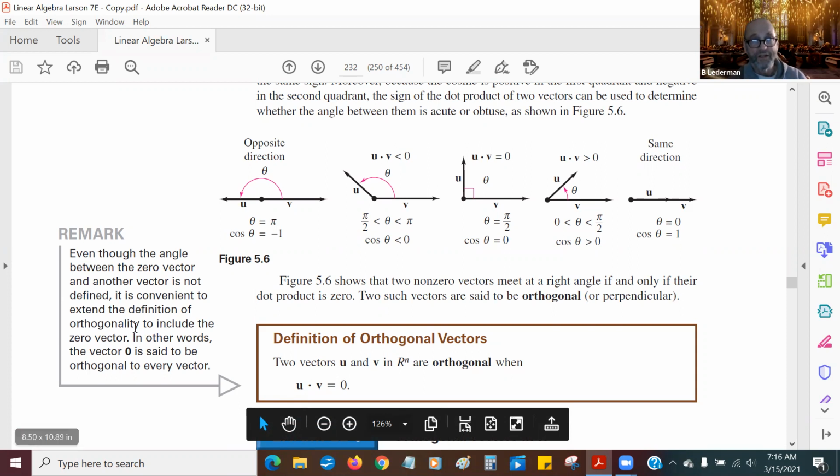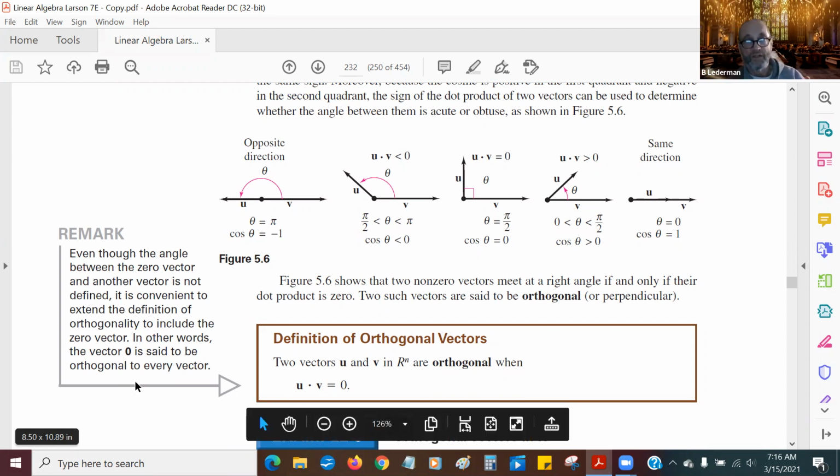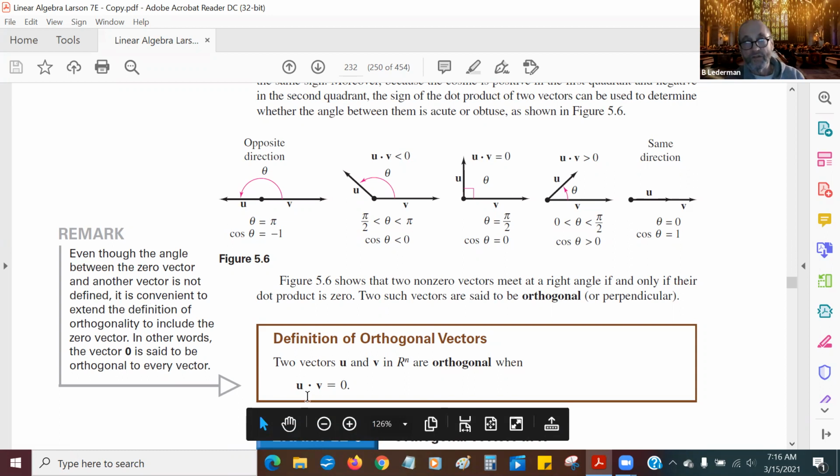Now this is a really interesting little comment on the side. Even though we said there's no such thing as the angle between the 0 vector and another vector, we nonetheless say that the 0 vector is orthogonal to every vector. In other words, we can extend the definition of orthogonality, because the 0 vector dotted with anything else gives me a 0.